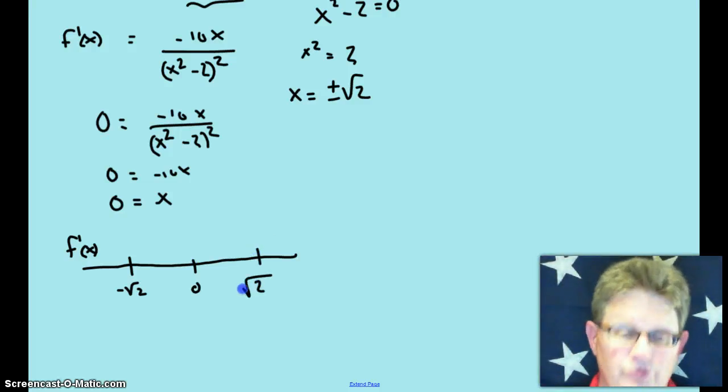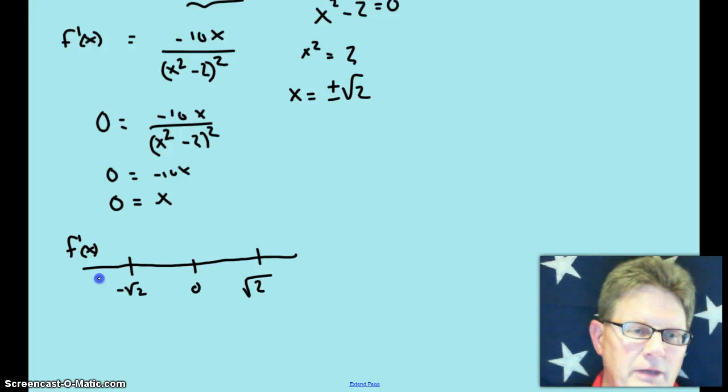Pick something bigger than root 2. Let's try negative 2, because root 2 is about 1.414, so negative 1.414, of course. Negative 2: 10 times negative 2, numerator positive, denominator definitely positive. All right, let's put in negative 1.